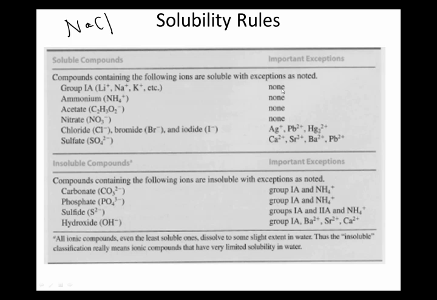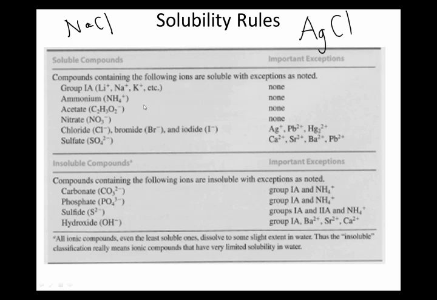Sodium anything is soluble. There are actually like 4 categories here that have no exceptions at all. And while I said you don't have to memorize them, if you can remember that group 1A, ammonium, acetate, and nitrate are always soluble, you'll save yourself a lot of time. Now let's take a look at silver chloride.